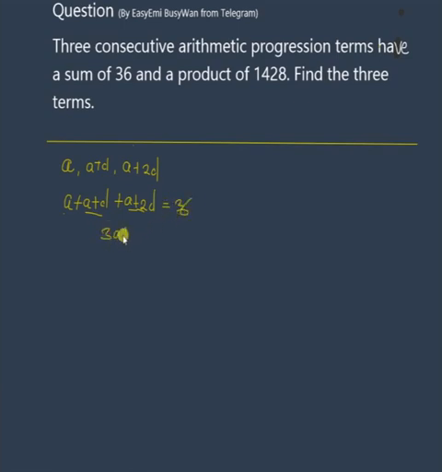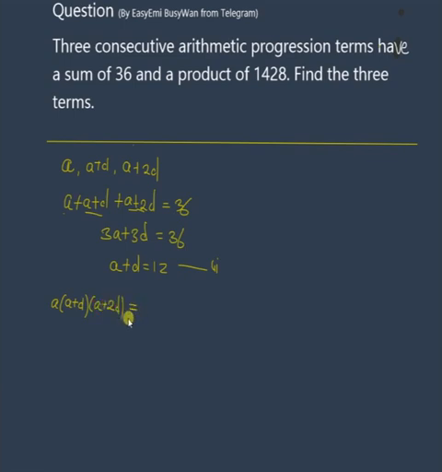This simplifies to 3A plus 3D equal to 36, and can simplify further as A plus D equal to 12. Call that equation number 1. They said the product is 1428. So the product is A into A plus D into A plus 2D.